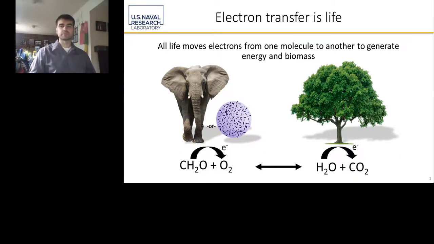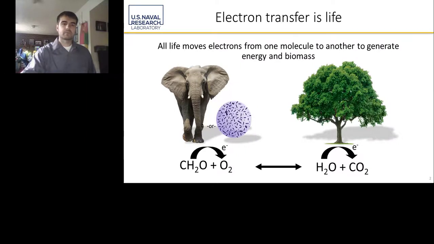Other organisms use things such as nitrate or sulfate or iron oxides, or in some cases, organic molecules as the electron acceptors. And then there are other organisms like trees and any photosynthetic organisms that are able to use electrons from water and then energy from light in order to reduce carbon dioxide and make more biomass and make more organic matter.